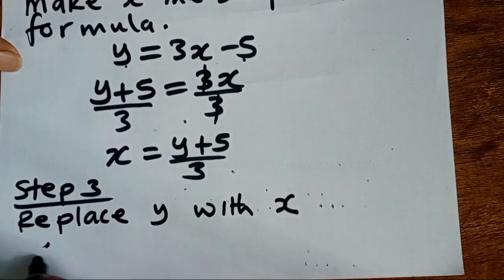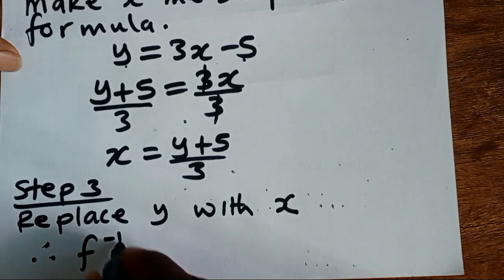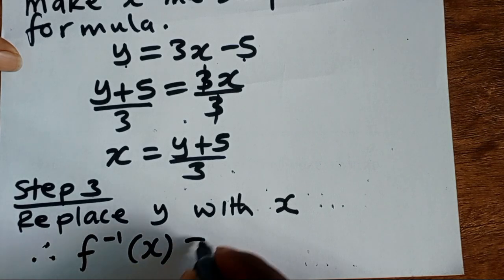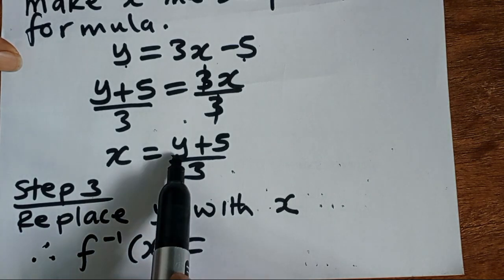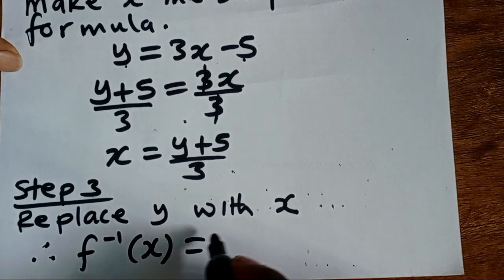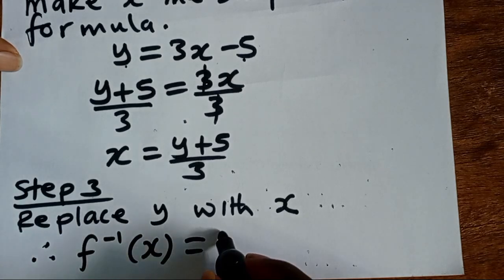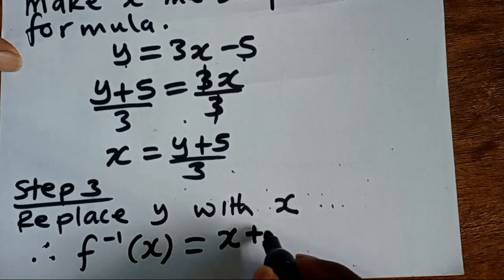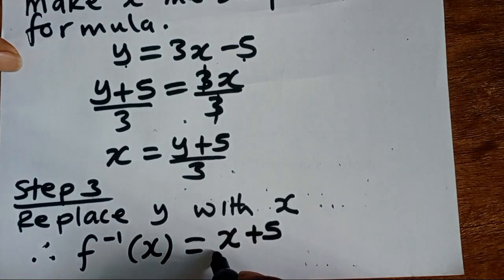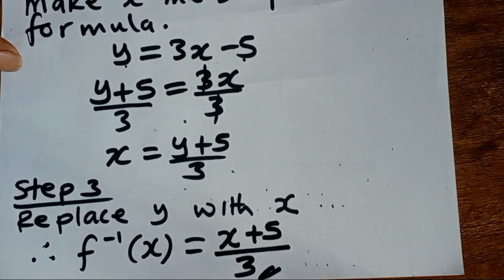So therefore, the inverse function of x equals, where there is y, we substitute x according to step 3. So it will be x plus 5 over 3. So this is the inverse function of x. So those are the 3 steps.